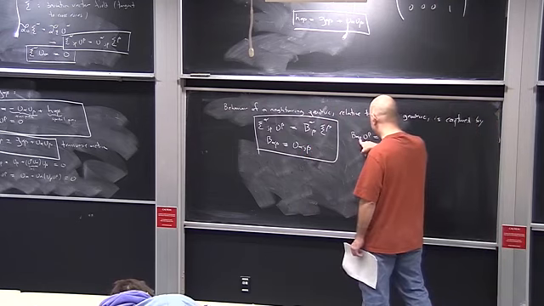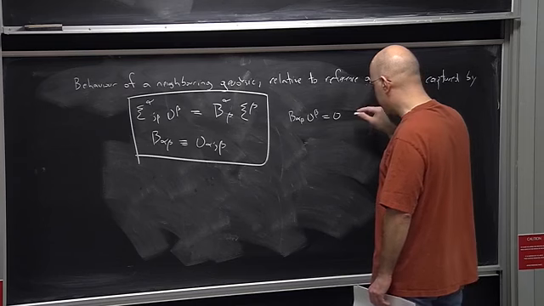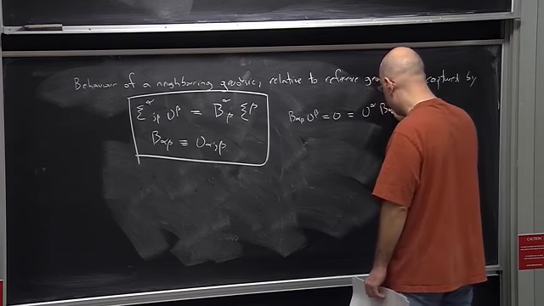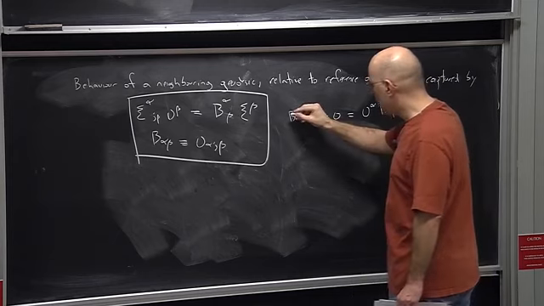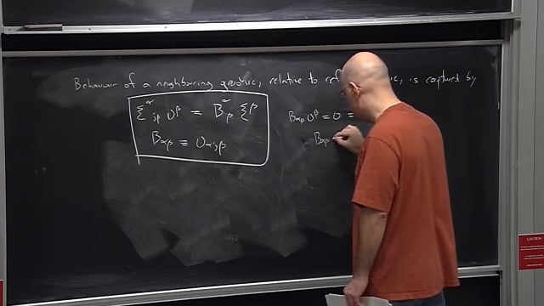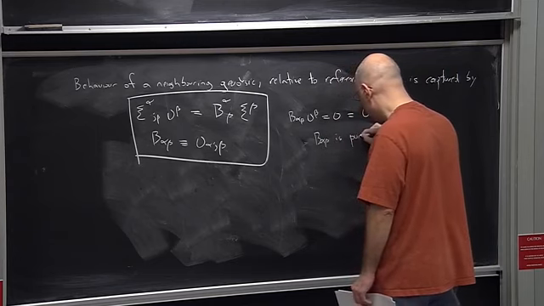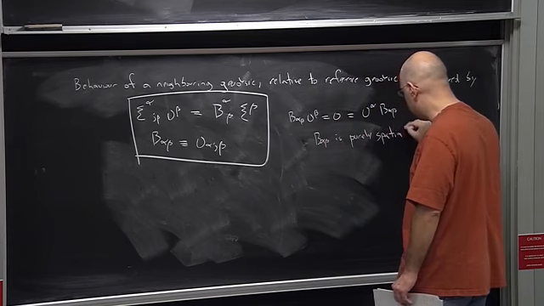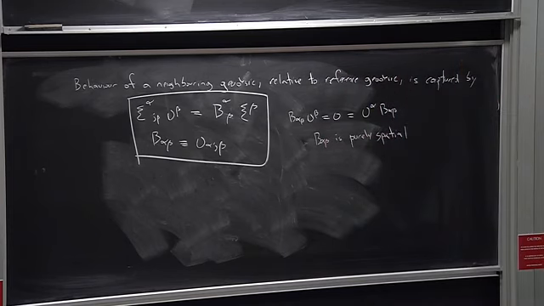So its time component in the second index is going to be 0, and its time component in the first index is also going to be 0. So B is a purely spatial tensor, or purely transverse, if I keep my terminology straight.